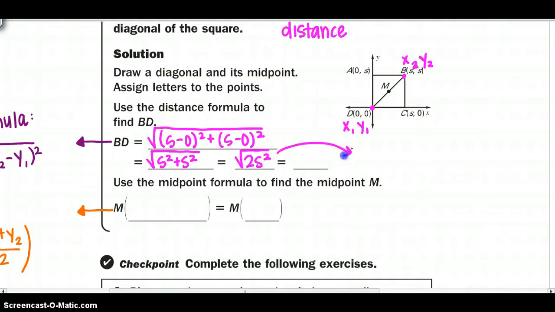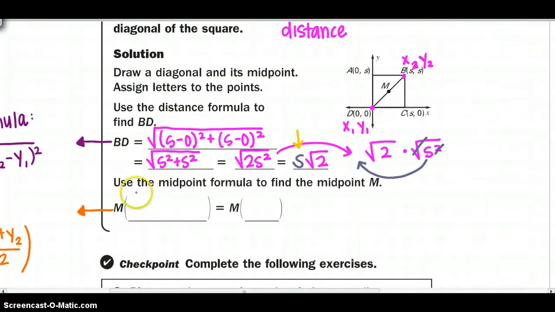And knowing how to break that down, square root of 2 times square root of S squared, well, I can't simplify square root of 2, but I can simplify the square root and the squared. We know that S now comes out in front to give us S square root of 2. So that would be the distance of the diagonal of any square. So we could plug in S, whatever our length is, to get our diagonal distance.